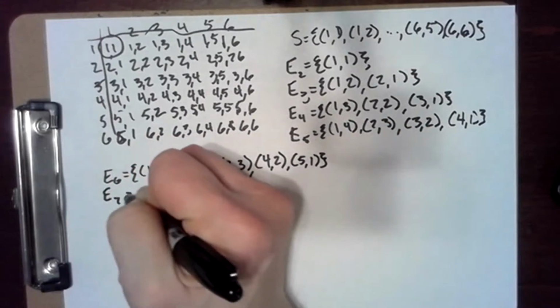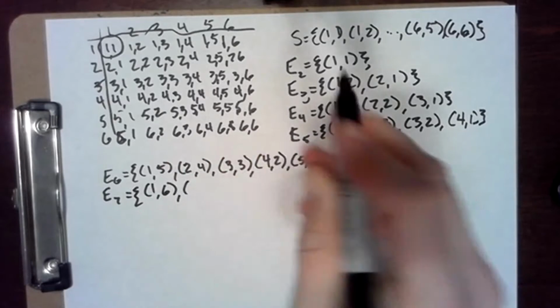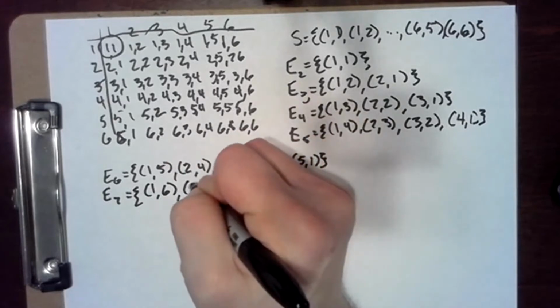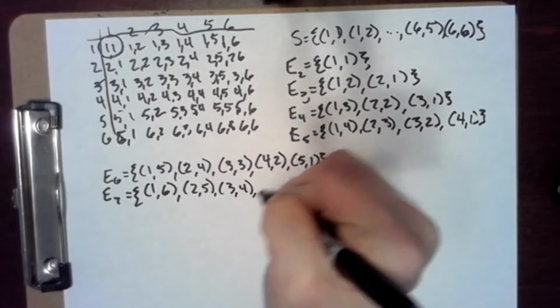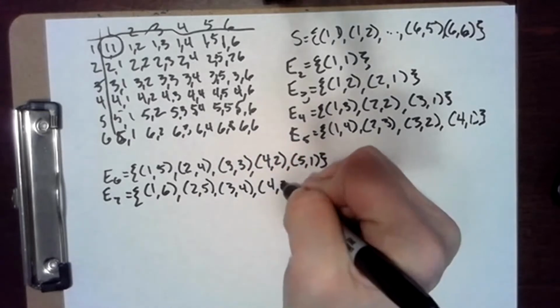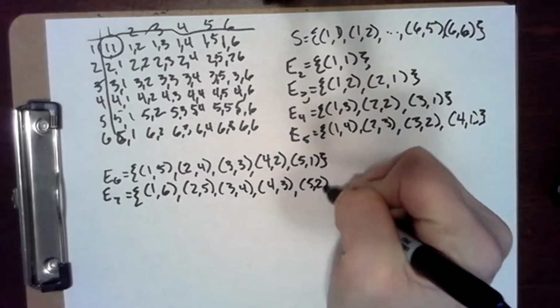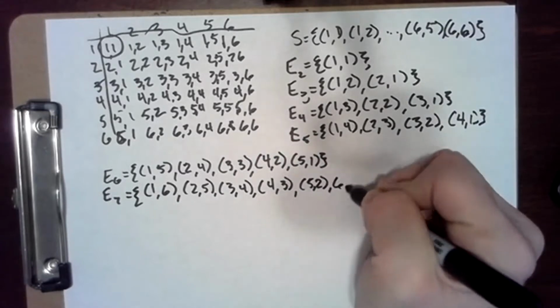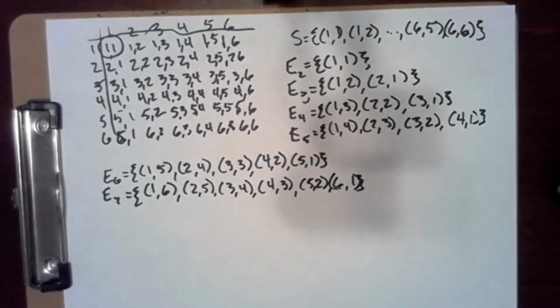E7 has (1,6), (2,5), (3,4), (4,3), (5,2), (6,1). But notice now that we've used every possible combination that has a 1 in it.